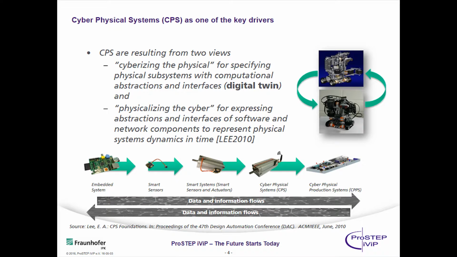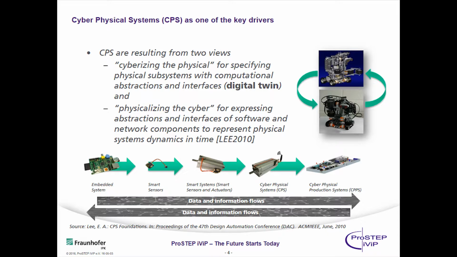Talking about Industry 4.0, especially the term of Cyber-Physical Systems is very important. Cyber-Physical Systems are resulting from two views. On the one hand, it's cyberizing the physical for specifying the physical subsystems with computational abstractions and interfaces. In this term, we are talking about digital twins.